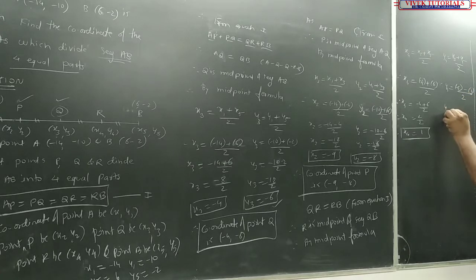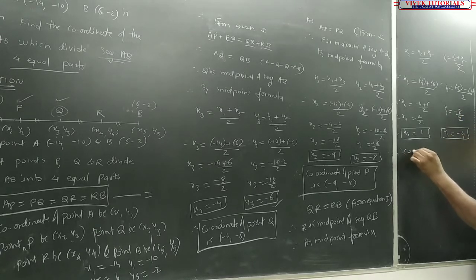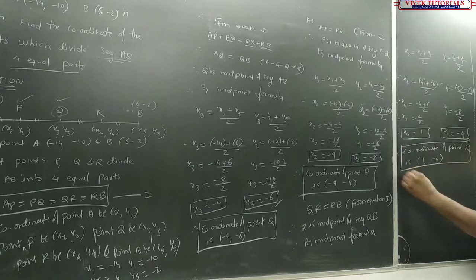So y4 is equal to minus 8 upon 2. y4 is equal to minus 4. So coordinate of point R is 1 comma minus 4. But these points P, Q, R are the ones we have taken.